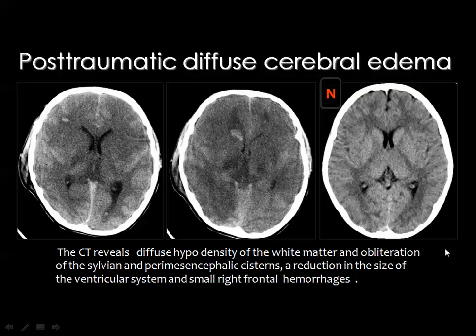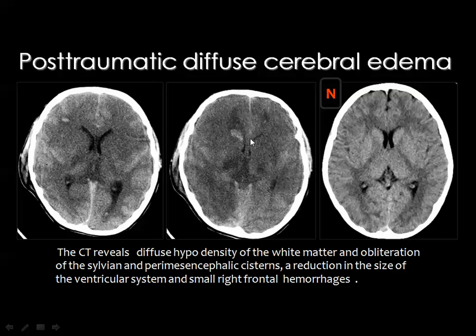Then you look here for the normal scan. These are the ventricles, and you can see the white and the gray matter, and you can discriminate between both. But this is a traumatized brain with diffuse mottled hypodensity of both cerebral hemispheres, with attenuated appearance of the ventricle, with loss of the gray-white matter discrimination in most of the brain tissue.